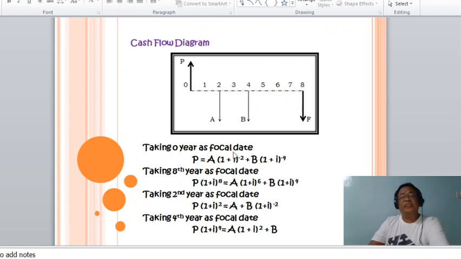You can relate the calculation of the equation of value to the calculation in the mechanics of rigid bodies, the mechanics subject.